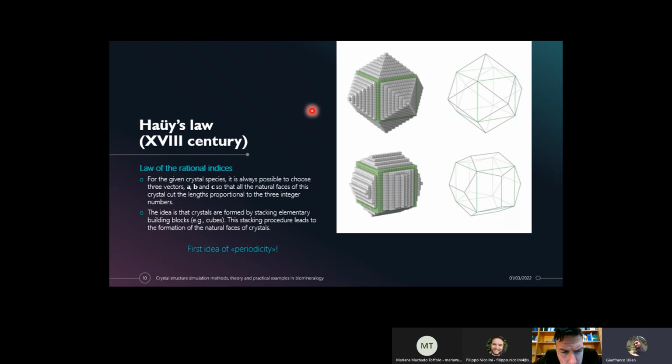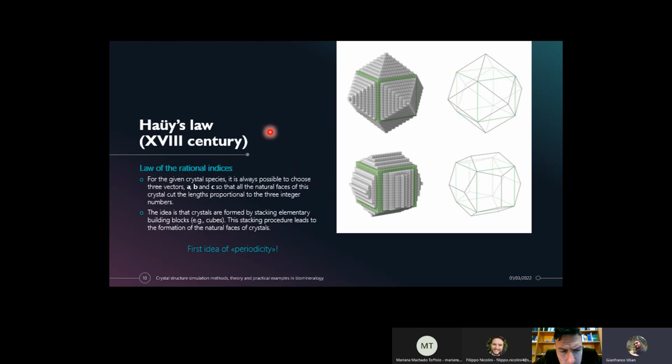Then we have a second law that is called the Haüy law, that is the law of the rational indices. Okay, so remember, these laws were determined in a period where we did not have X-ray diffraction. We do not see the atoms. We see only a macroscopic object such as this one here.